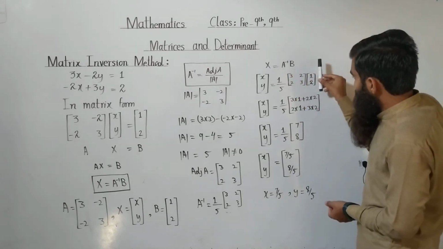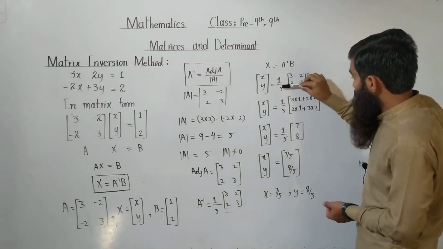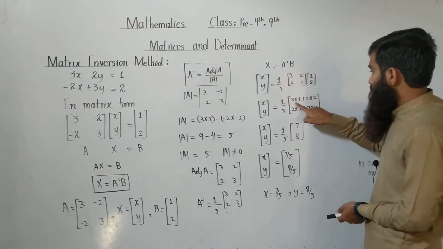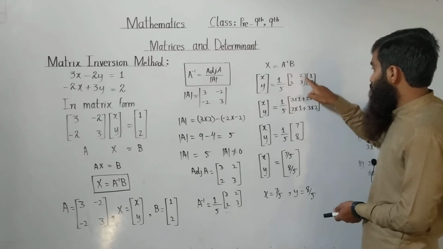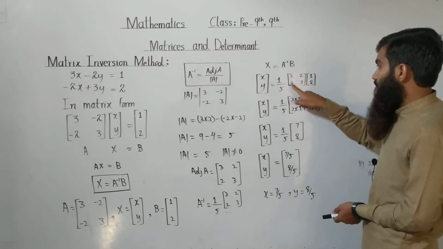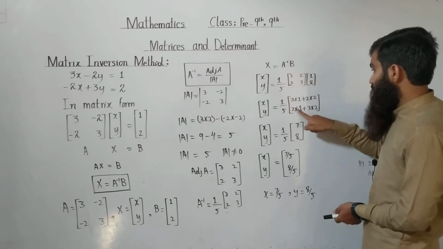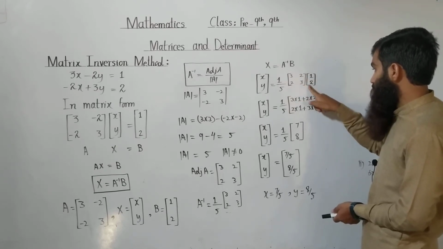First row multiply with first column, then second row with first column. 3 multiply with 1 plus 2 multiply with 2. Similarly, this second row multiply with this column: 2 multiply with 1 plus 3 multiply with 2.